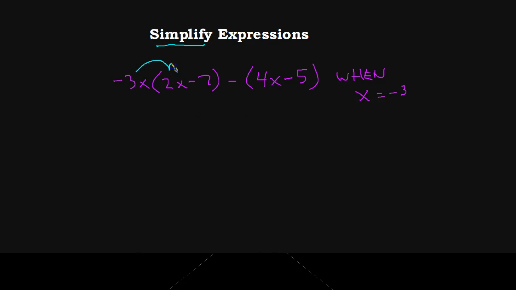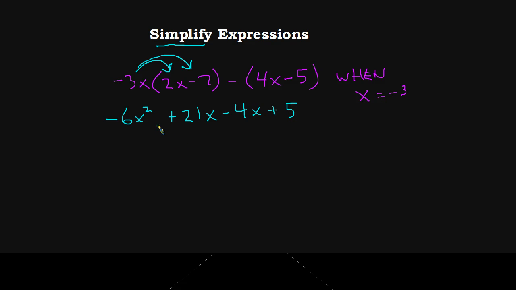I'm going to go ahead and distribute the -3x times the 2x, -3 times -7, and then we'll subtract the 4x minus 5. So here we get -6x squared, -3x times 2x, and we get plus 21x, and then minus 4x, and then plus 5.